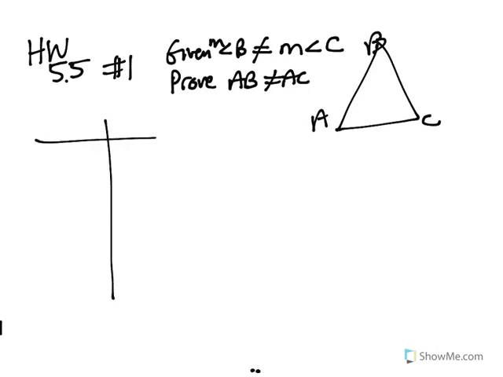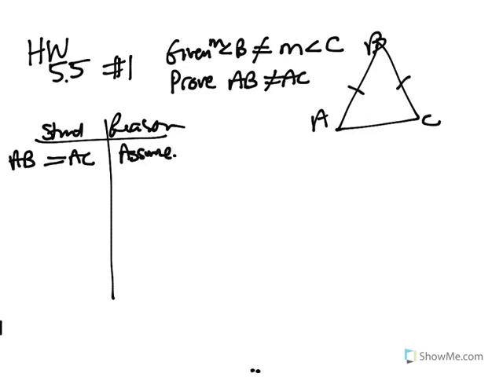So we're going to do a little statement, reason, and we're going to start with the opposite, which is AB is equal to AC, and that's an assumption. And if that's true, then we could say, whoops, I just marked the wrong one, AB congruent to AC.